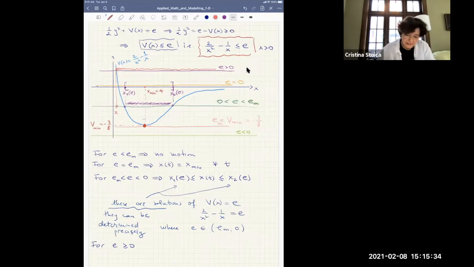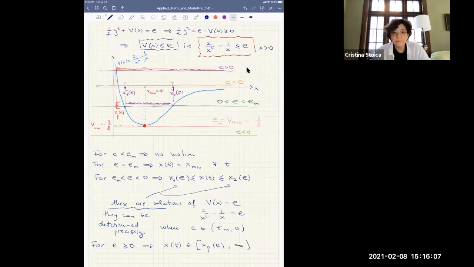It is allowed to be wherever in this region, starting somewhere here, but then it goes to infinity. It can go as far as it wants, there is no bound to it. So x(t) will belong to the interval from x_p(E) to infinity.